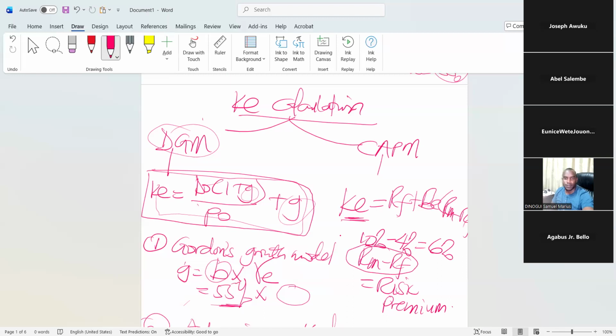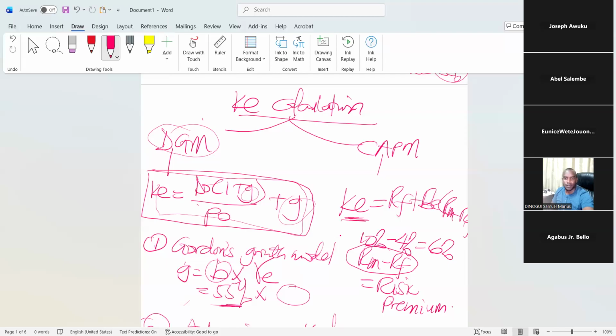If it is automatically 6, do you now have to go and ask the question, for me, all the time, calculate it, give me the return on the market so that I subtract the risk-free from it and get the 6? He has given it to you. So you pick it up and go straight away and calculate your thing and move on.